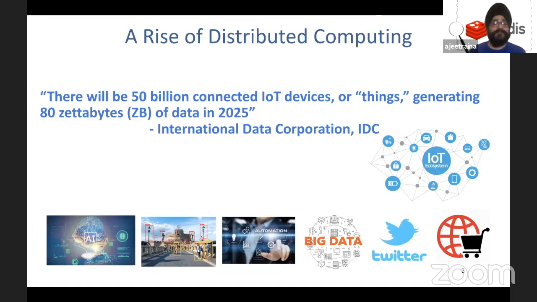So when you have 50 billion connected IoT devices, you can expect that there will be a huge amount of data produced. And this data will generate around 80 zettabytes. You can think of it as trillions of gigabytes of data. And that is expected by 2025.